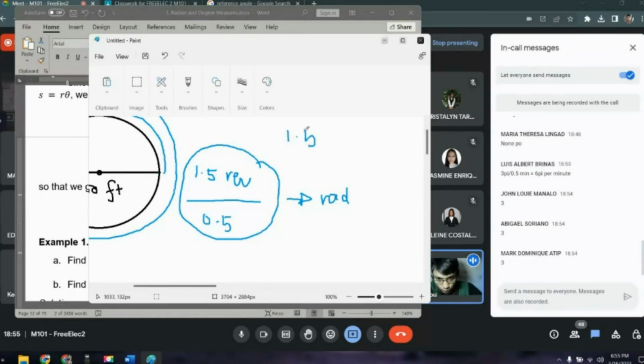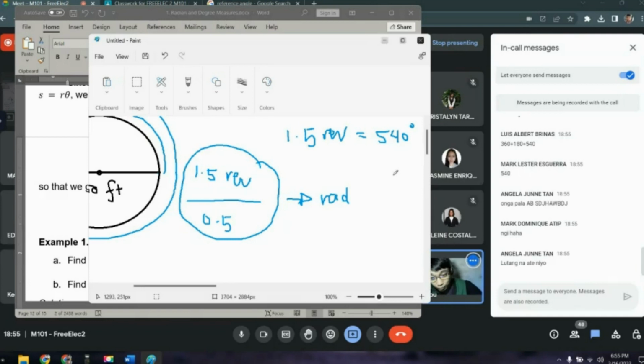First things first, what is the equivalent of 1.5 revolutions in degree measure? Degree measure. So, 1.5 revolutions is equivalent to 540 degrees. Next, we convert 540 degrees into radians. Only then will we put it over the time.